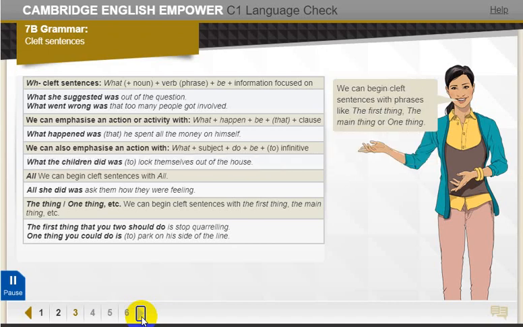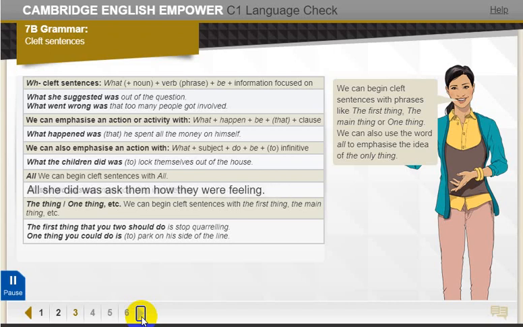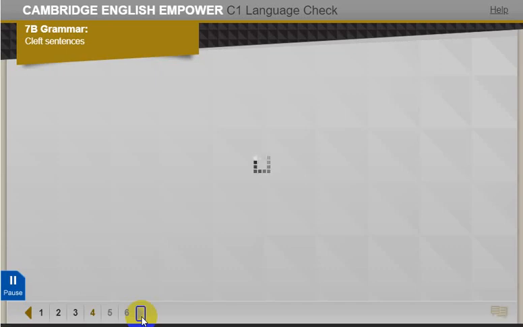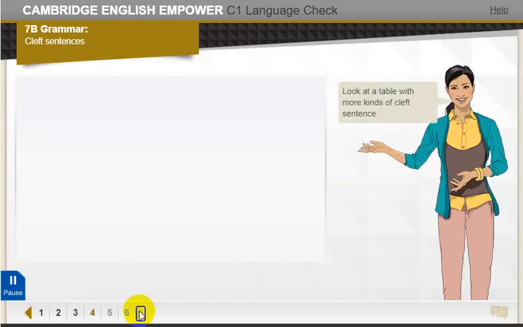We can begin cleft sentences with phrases like the first thing, the main thing, or one thing. We can also use the word all to emphasize the idea of the only thing. Look at a table with more kinds of cleft sentence.